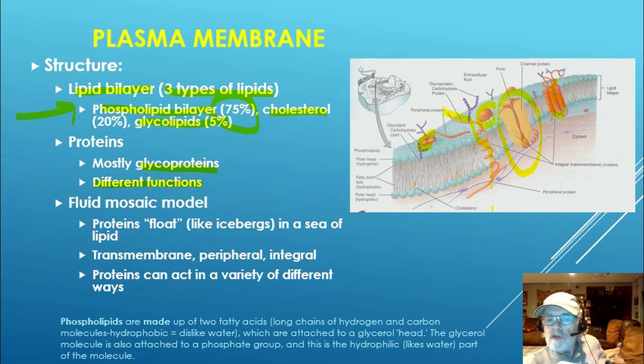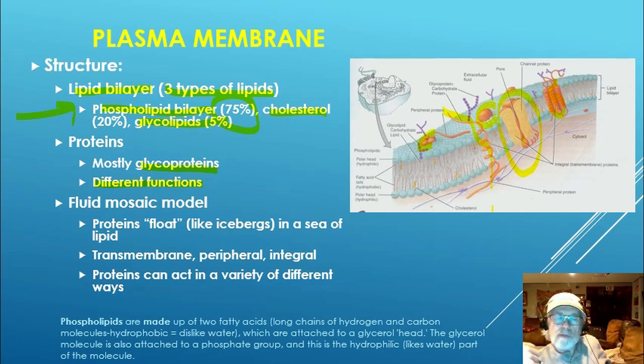Most of these proteins are there to either pick something up and carry it across the membrane, or sometimes we have what are called receptors. Interesting, because if I took somebody's kidney and stuck it in my body, my body would reject it. Why? Because on the surface of all those cells, there are proteins that say, this is me and me only.